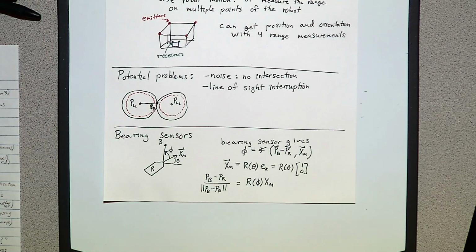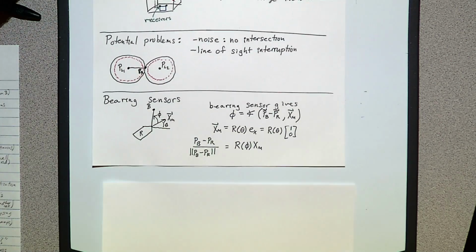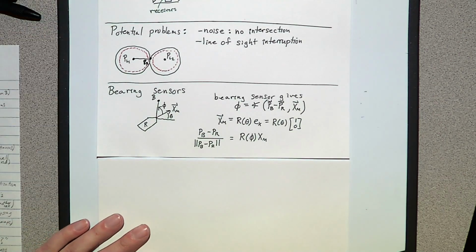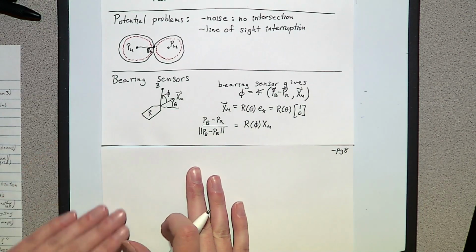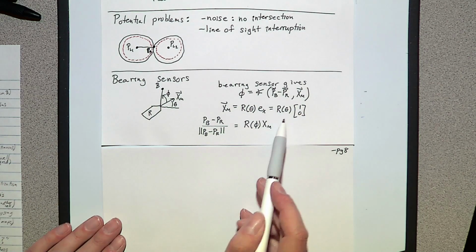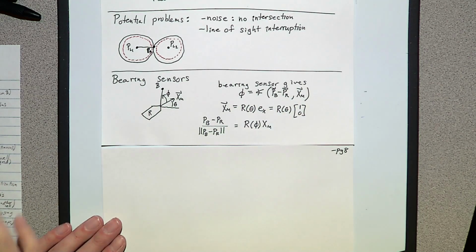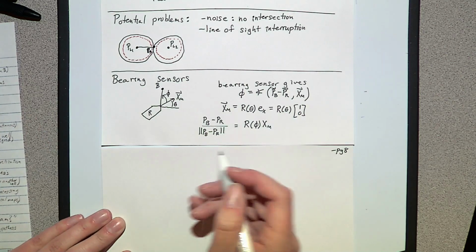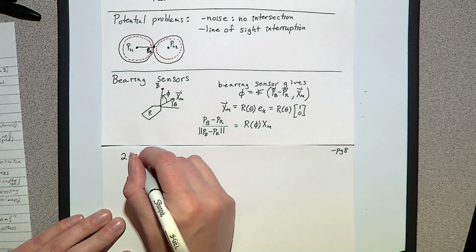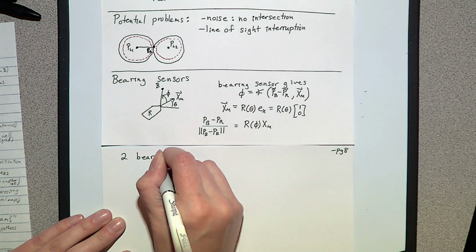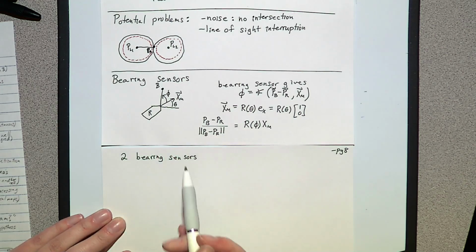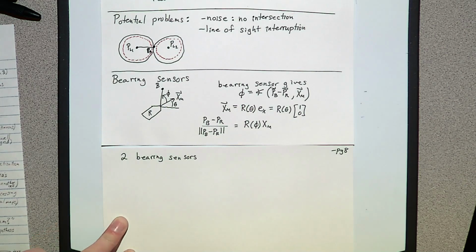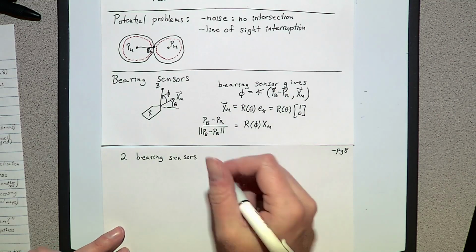I do have some slides that I can share if you want a little bit more detail on how you can derive getting the thetas, how many sensors you need, things of that nature. But I'll just give you the punchline: if you have two bearing sensors, it's a lot of geometry, so figuring out laws of cosines and triangles and all of that, which I can share if you're interested.